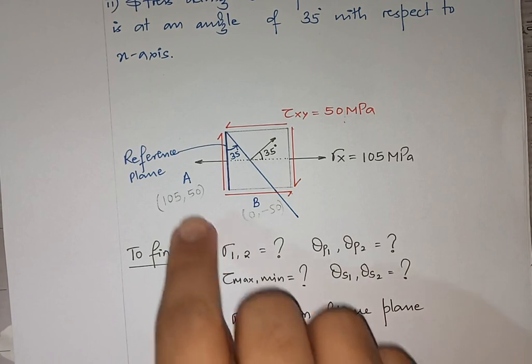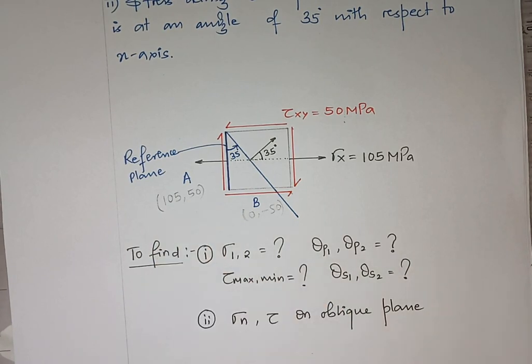So from plane A in anti-clockwise direction, I need to mark 2 theta. This is theta, but as we have already discussed, all the angles which I mark at the center of the Mohr circle will be 2 times. Right? So from point A in anti-clockwise direction, I need to mark 2 theta.